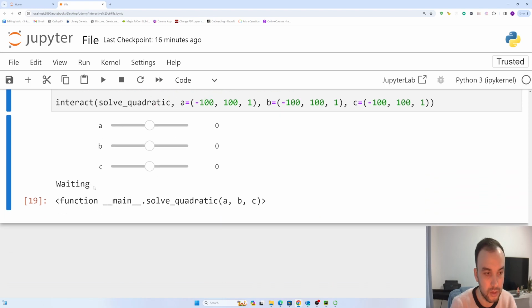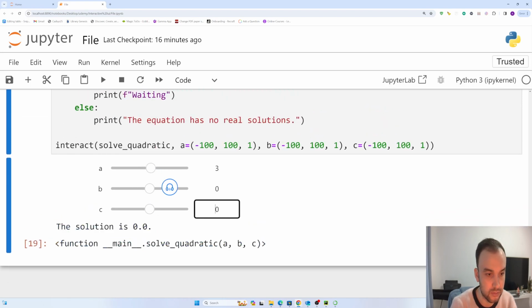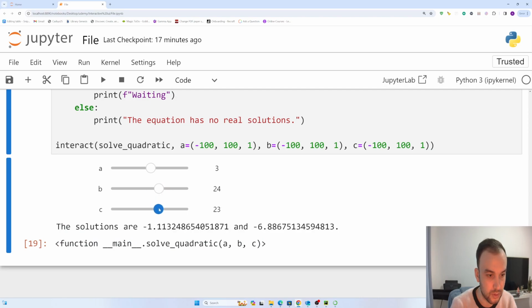Run. It's waiting, and when I change this number, as you can see, the solutions are just changing. And in most situations we have 2 solutions.